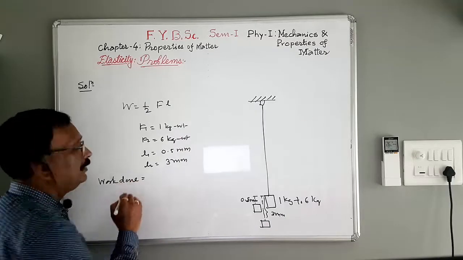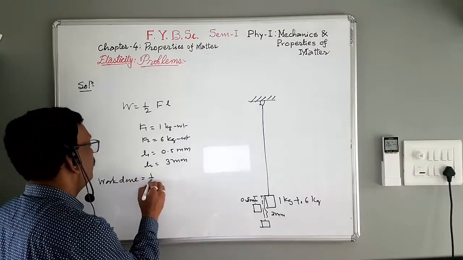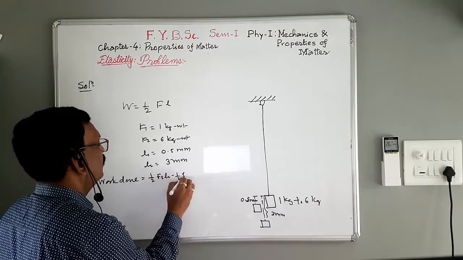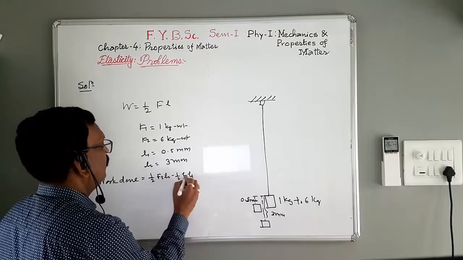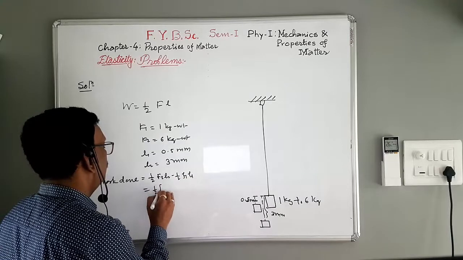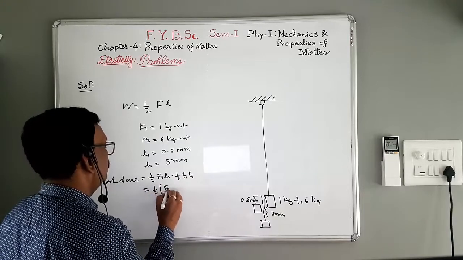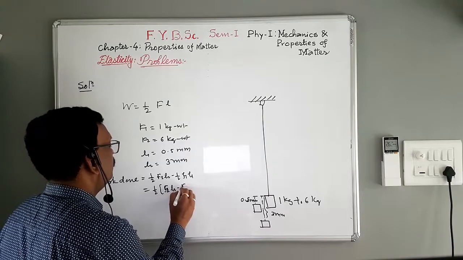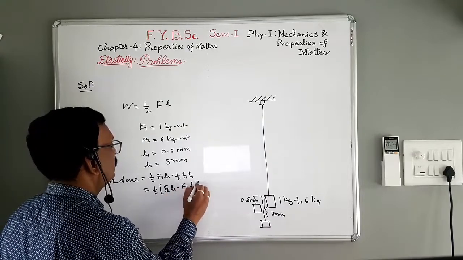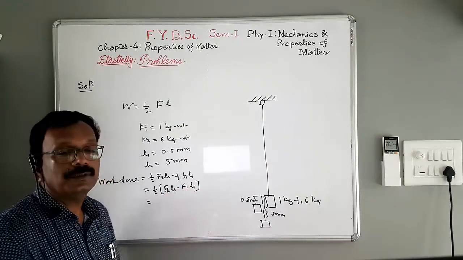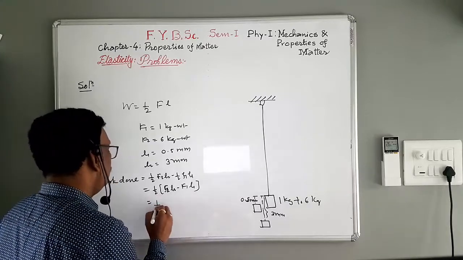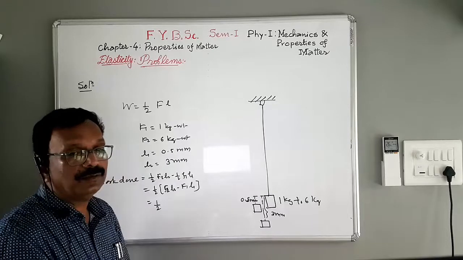Work done is again 1/2 F2 L2 minus 1/2 F1 L1, or simply 1/2 (F2 L2 minus F1 L1). So very simple problem. Substitute the values of F1, F2 and L1, L2.